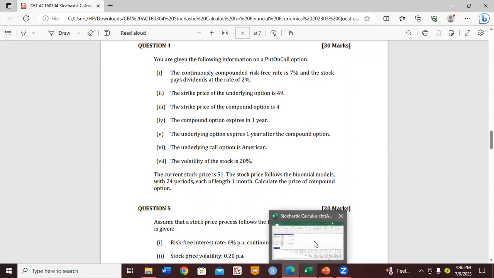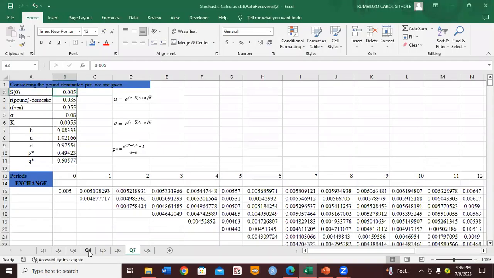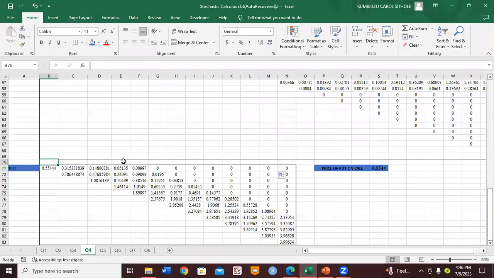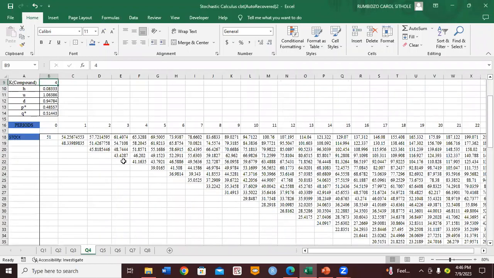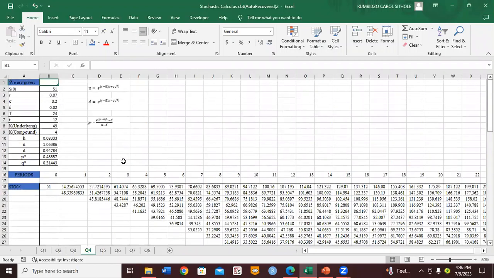So let's move on to our Excel question number 4. Normally with these questions, it's better to write down all the information that you are given and also write down all the information that you think you will need. I wrote down everything that we were given.